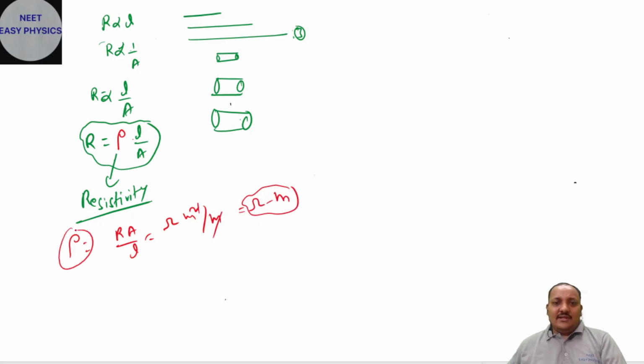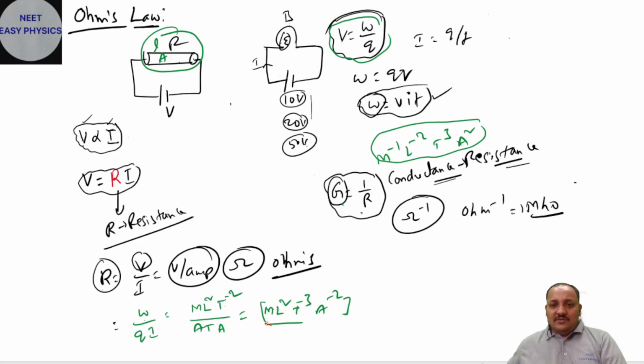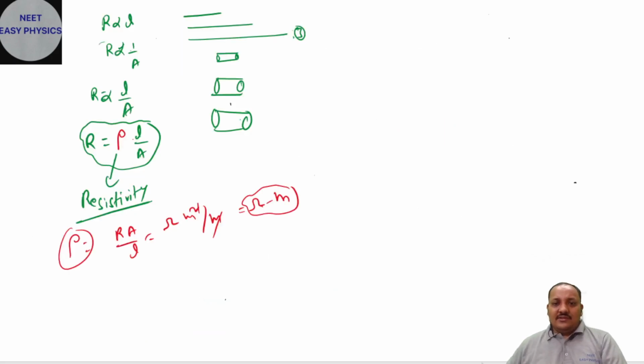Ohm meter is the unit for resistivity. We already wrote the dimensional formula for ohm; for this we add one L, and then you get the dimensional formula for resistivity.